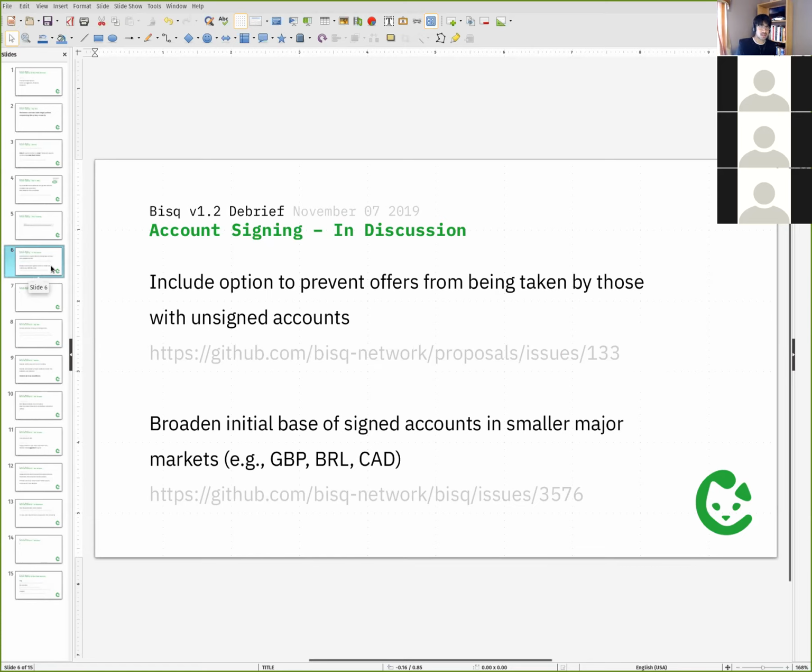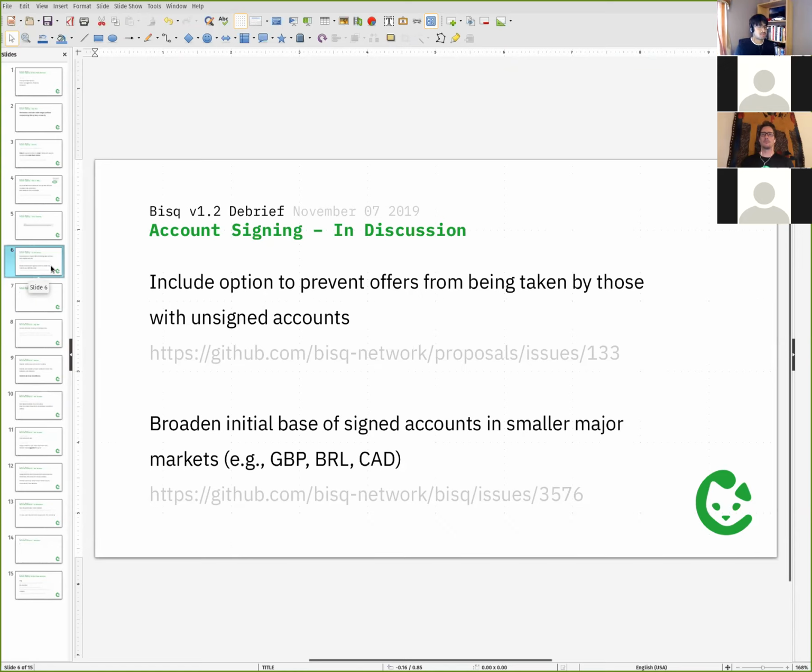It could theoretically be taken by anybody, with a signed payment account or an unsigned payment account. And so this proposal, if enacted, would require that someone who seeks to get signed would have their offer taken only by someone with a signed account. And there was another idea posted, I think it was earlier today, on a better way to seed the signed payment account base in smaller major markets.